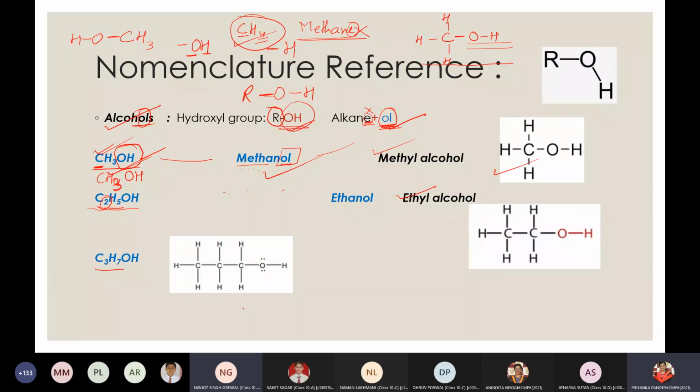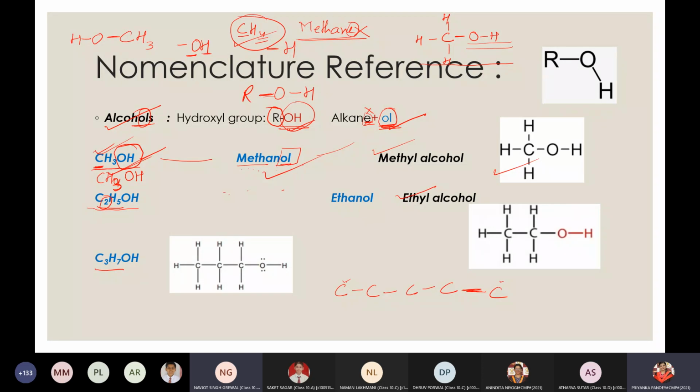If I say pentanol, it means it has 5 carbon atoms. Meth, eth, prop, but, pent. Pentanol. If it is given as pentanol 1, that means the OH is on the carbon atom in the terminal position. In organic chemistry, we can start from here also and here also. Both are the same, equally correct.